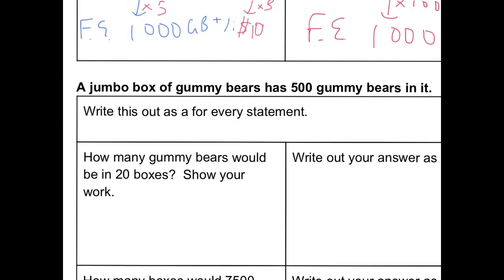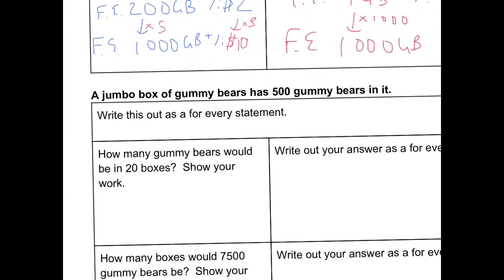All right, and then it says a jumbo box of gummy bears has 500 gummy bears in it. So for every 1 JB, jumbo box, there is 500 GBs, gummy bears. So it says how many gummy bears would be in 20 boxes, and show our work.